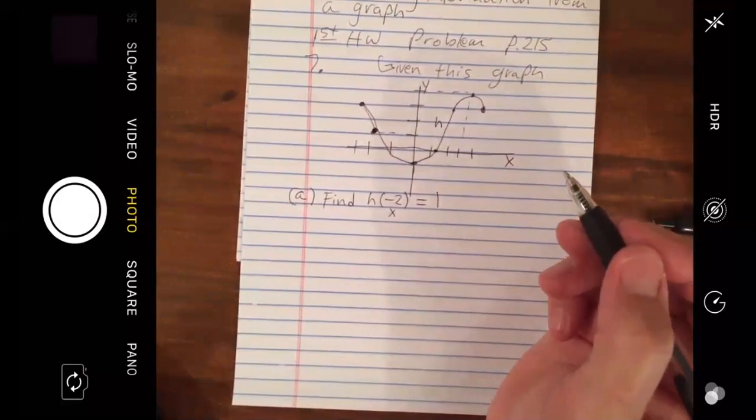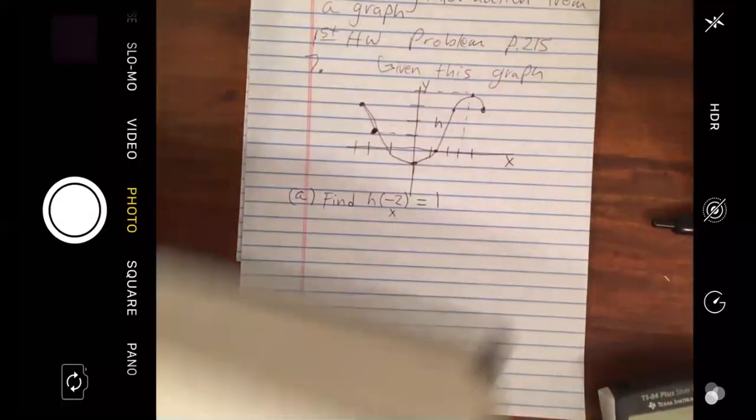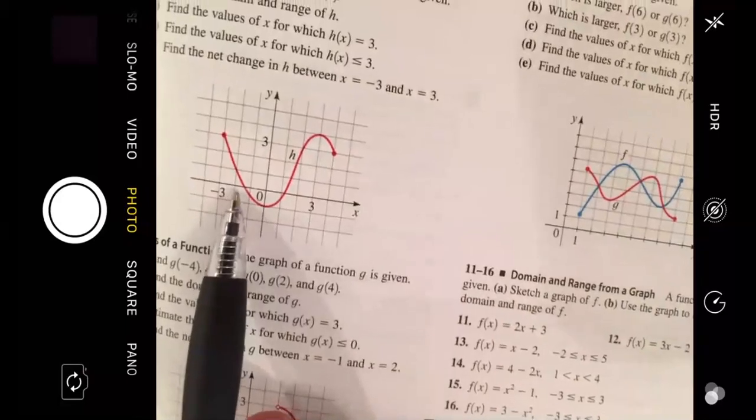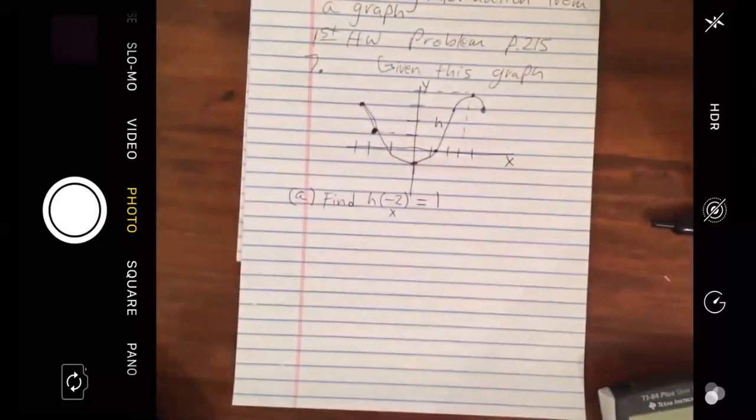Questions about that? I can show you the bad drawing, but basically at X is -2, your Y is up 1, you're crossing 1. Any questions about that?